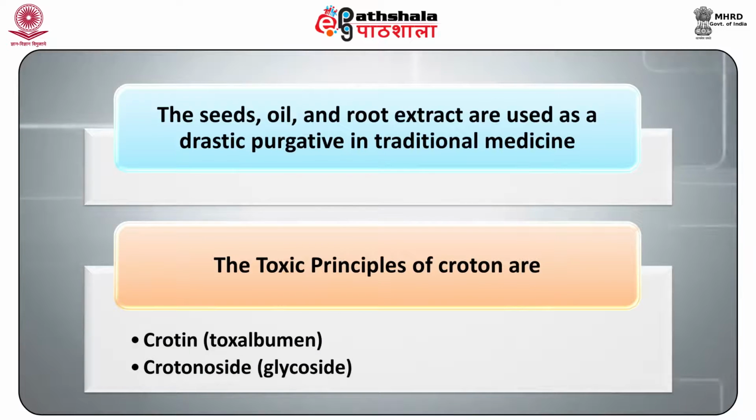The seeds, oil and root extract are used as a drastic purgative in traditional medicine. The toxic principles of croton are crotin or toxalbumin and crotonoside, that is a glycoside.